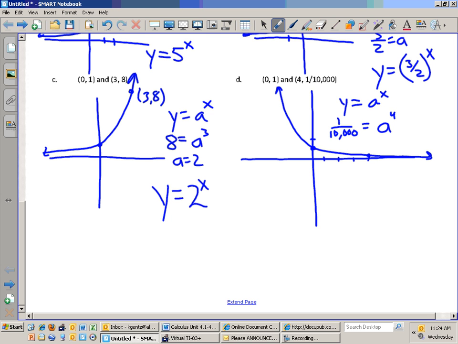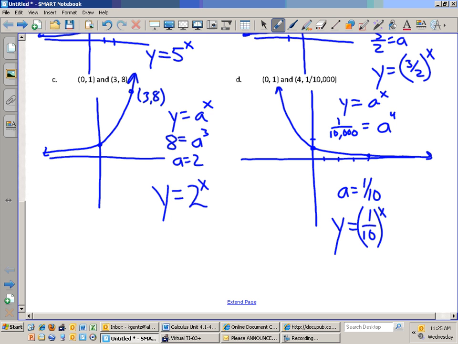Not 10, but 1/10. So a is equal to 1/10. So my equation is y equals 1/10 to the x power.